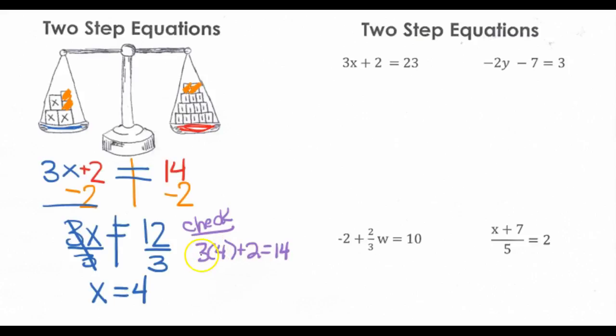Multiplication would be first. 3 times 4 is 12. Bring down our plus 2, is, sorry about that, equal to 14. Is 12 plus 2 equal to 14? Yes, it is. This checks, so our answer is x equals 4.